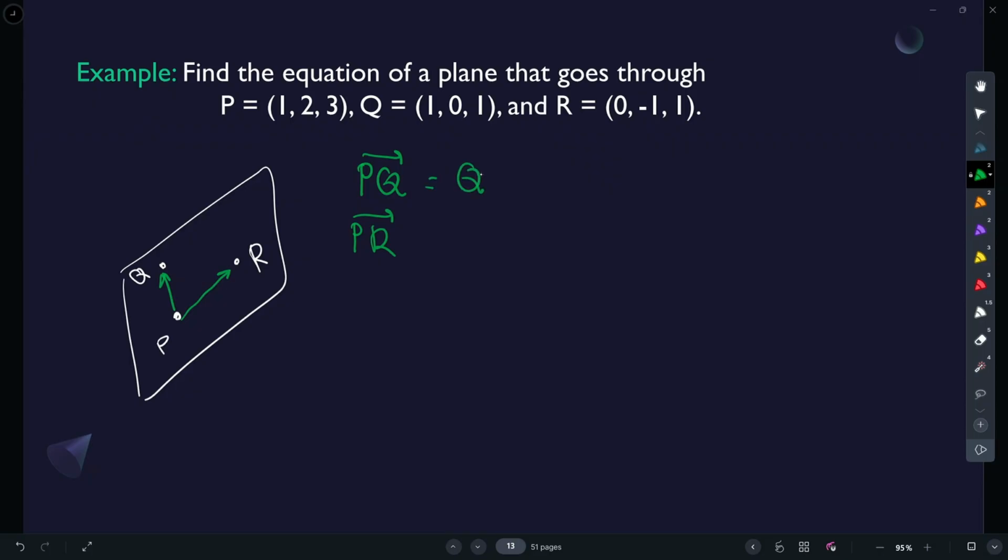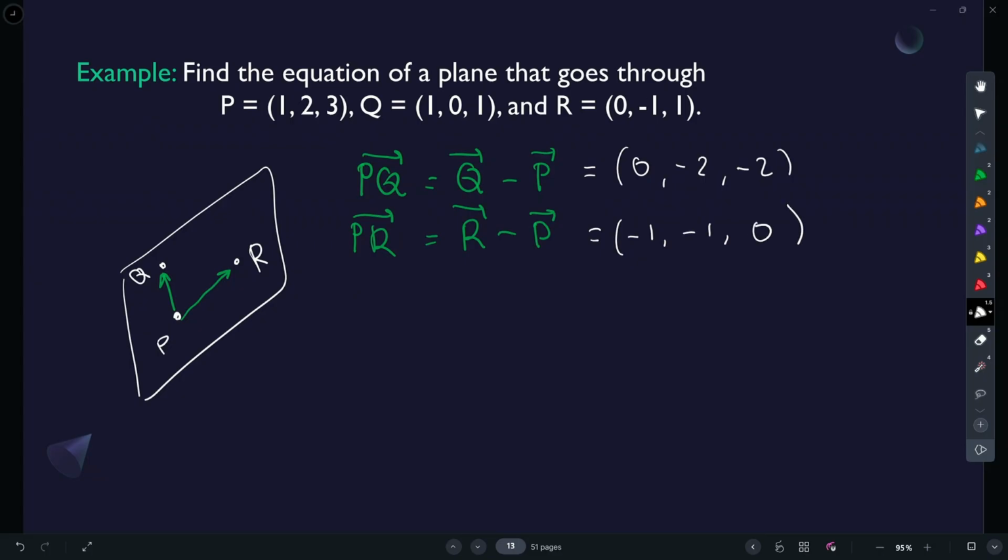Remember, those are the coordinates of Q minus the coordinates of P, and the coordinates of R minus the coordinates of P. PQ will be 0, minus 2, and 1 minus 3 is minus 2. And PR is the coordinates of R minus P, so minus 1, minus 1, 0.